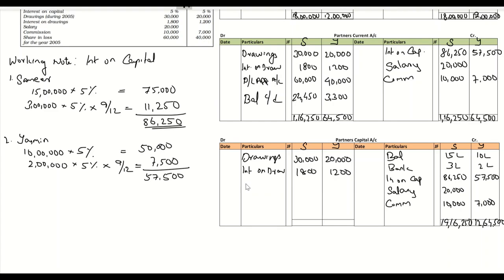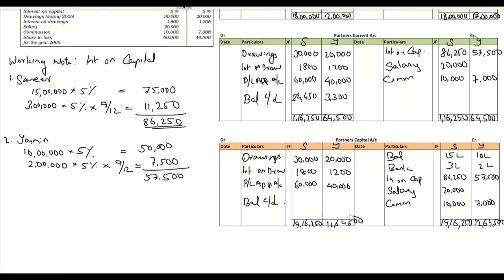Then we have a P&L appropriation account, profit loss distributed 60,000 and 40,000. Then we will have our balancing figure. 19,16,250 and 12,64,500.